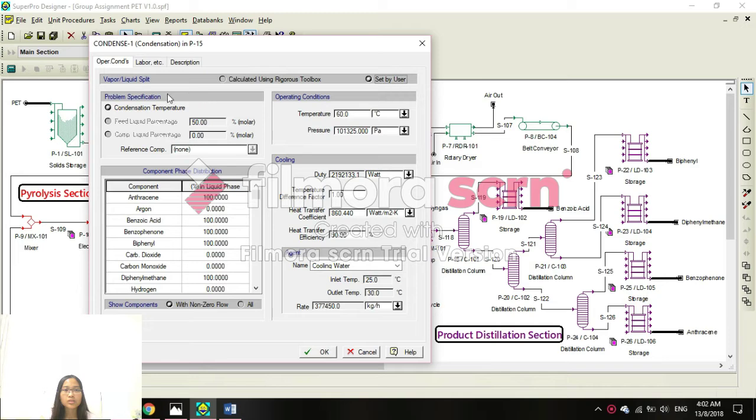Next, the top outlet of the cyclone is sent to a condenser. In this condenser, the operating specification is set at condensation temperature, and for the component phase distribution, the gasified pyrolysis oils are condensed into 100% liquid phase. The components of the pyrolysis oils are anthracene, benzoic acid, benzophenone, biphenyl, and diphenylmethane.